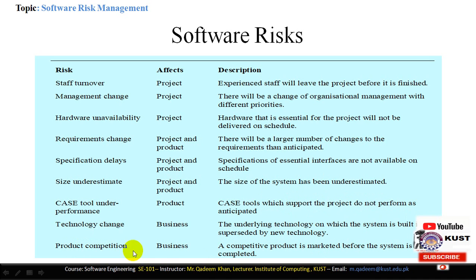Next one is product competition. This is also a business risk. A competitive product is marketed before the system is completed. Here we face competition about the product.